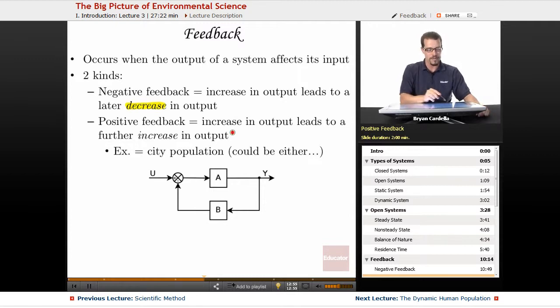When it comes to city populations, you can think of it in two different ways. So here's another way that you can make sense of negative versus positive feedback.